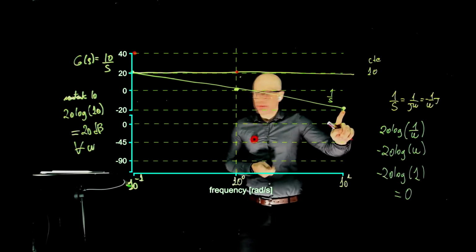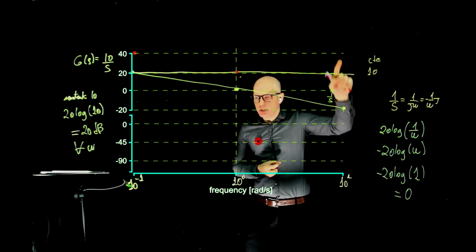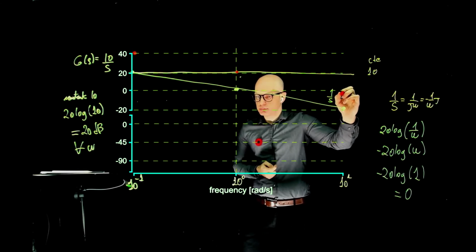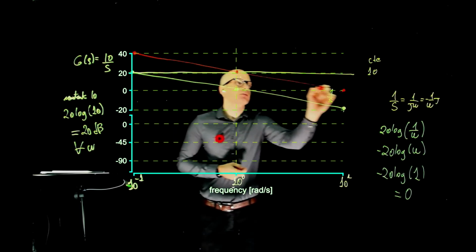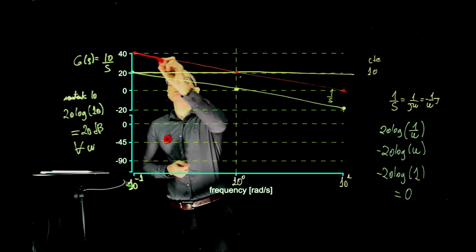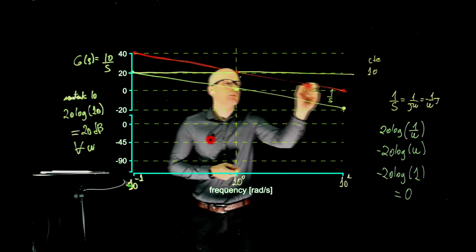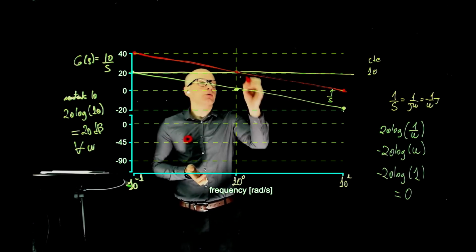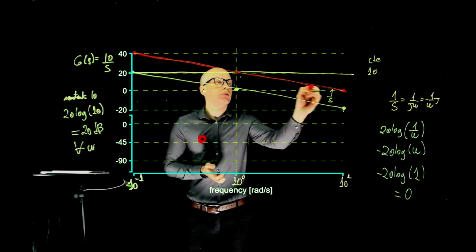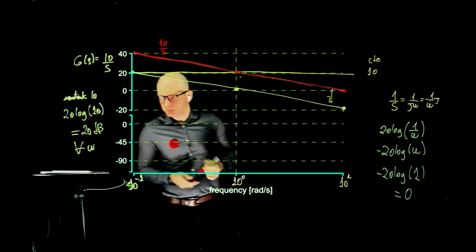And here we have negative 20 plus 20, that's 0. All right, so this now goes like that. There we go. And this is the function 10 over s.